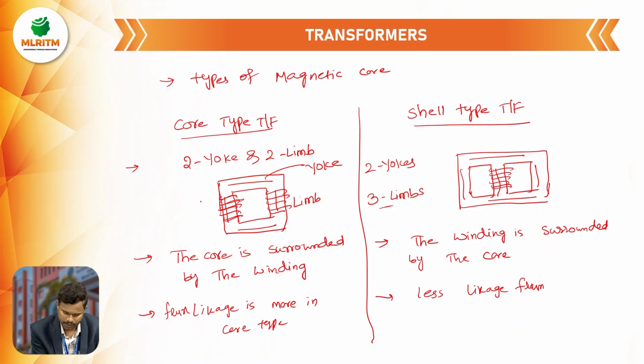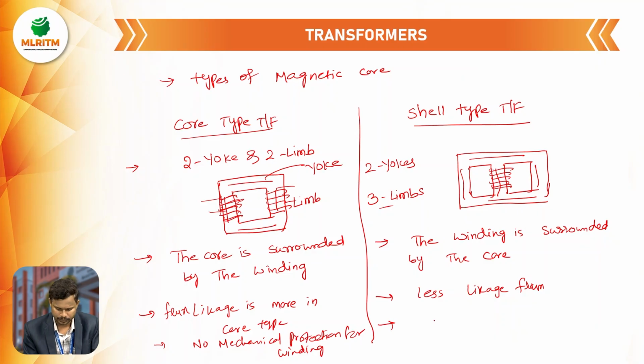In the shell type, we have good mechanical protection, because we are arranging the winding on the center limb.